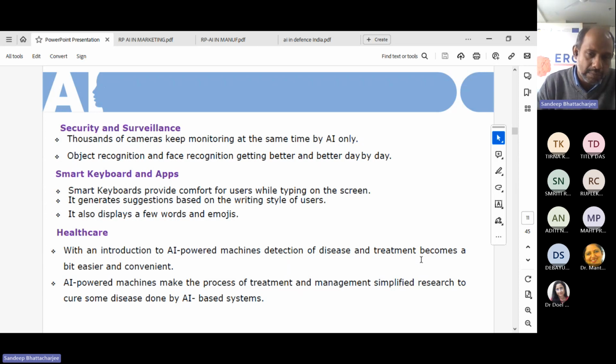AI-powered machines can also be used in the process of treatment. It can suggest which medicine or combination of medicines is best suitable for a given person based on his or her past health records. Some person might be allergic to one particular kind of medicine, so those things will be subtracted, and other alternatives might be suggested based on recommendations by the AI-based system.